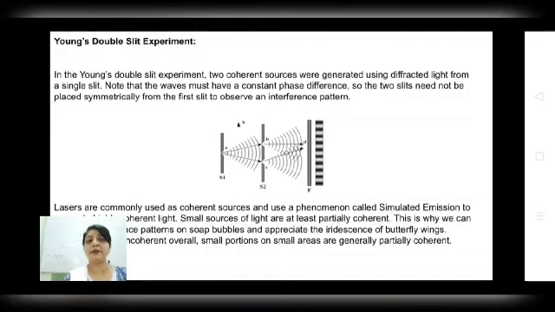This is the interference pattern which was first observed by Young in the Young's double slit experiment. One point we should note here is that the waves obtained after passing through slits B and C become coherent in nature, and as a result of their superposition, interference takes place.